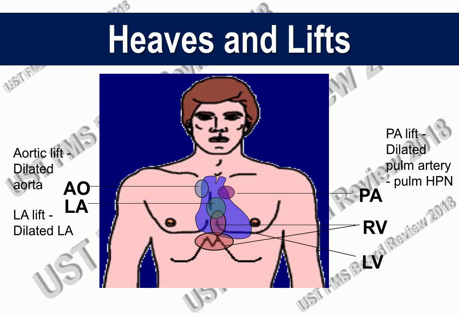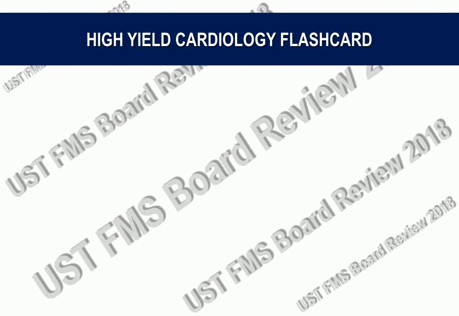And finally, an RV heave is secondary to right ventricular hypertrophy, while an LV heave is secondary to left ventricular hypertrophy.